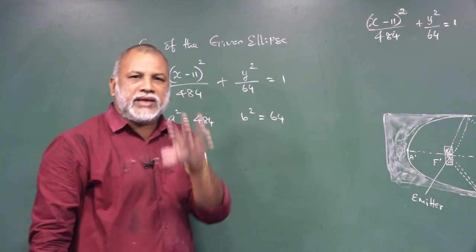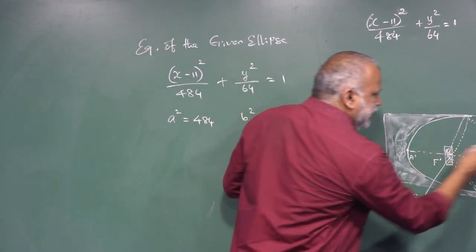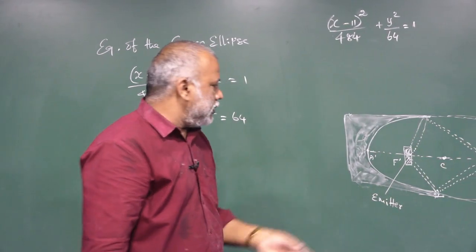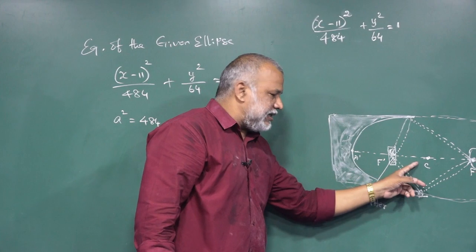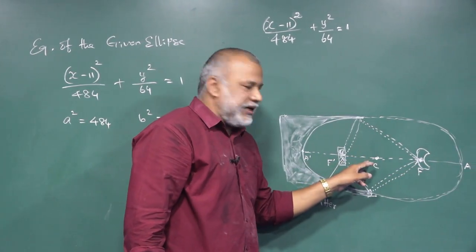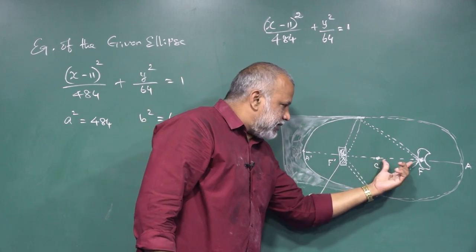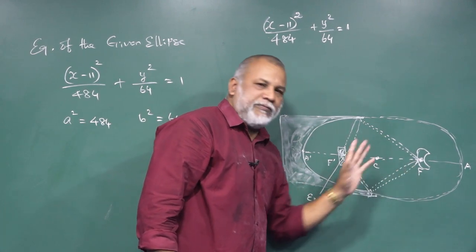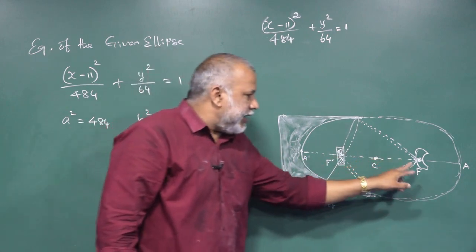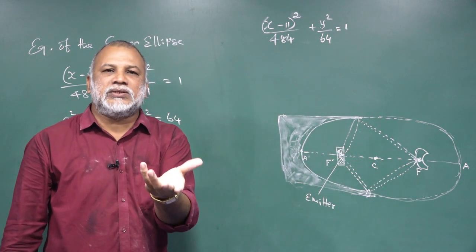Then what is the question asked? This is F and F dash. The midpoint of this must be the center. So here A dash, F dash, C is the center. If C is the center, what is the distance between C and F? That means from the center, how far is the patient's kidney placed? That is the question asked.